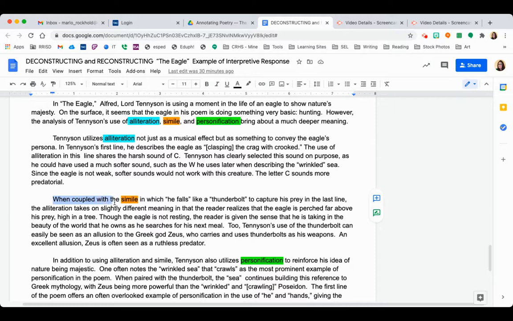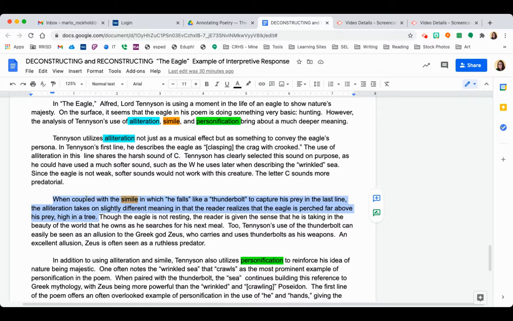The next topic sentence: "When coupled with the simile in which he falls like a thunderbolt," that's much better embedding of text evidence than tacking it on at the end with the colon, though they both work. This is really the goal, to use text evidence within your own idea.